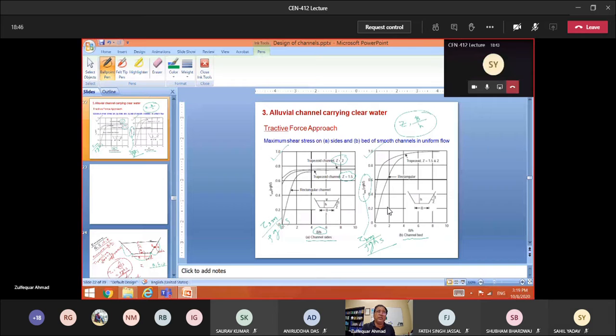What I'm saying is that we have to design this section such that the shear stress that the sediment particles, let us say on the bed, can resist without moving should be more than this or less than this.